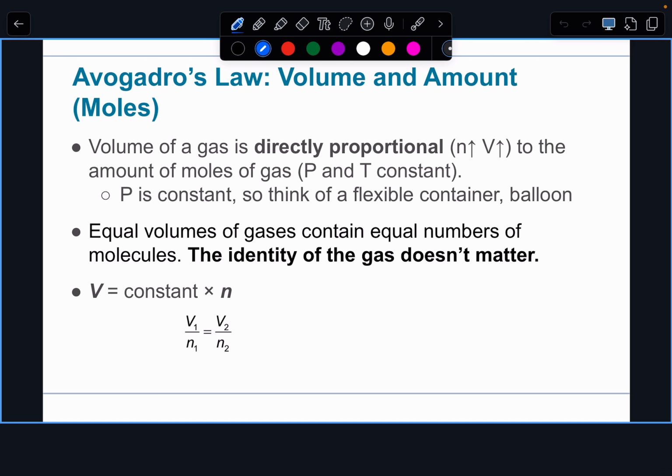And so the way it maintains that pressure is by getting bigger so that those additional moles of gas have to travel farther and therefore hit the sides of the container the same as they did before. Okay, so if you increase N, V will also increase. So yet another directly proportional relationship. So V over N is a constant.